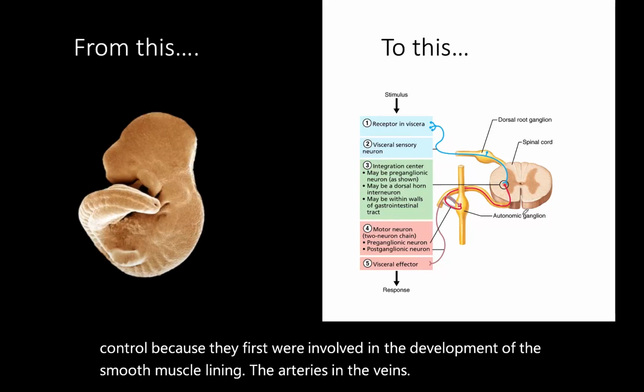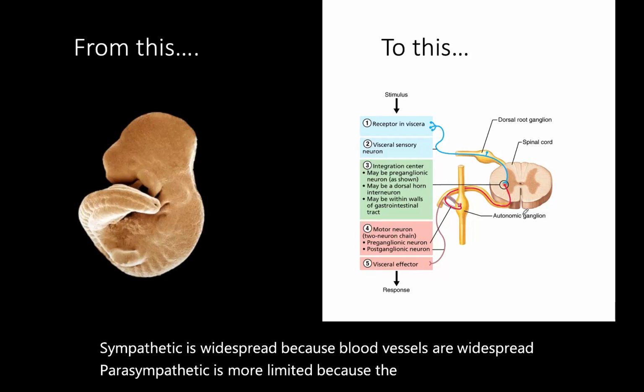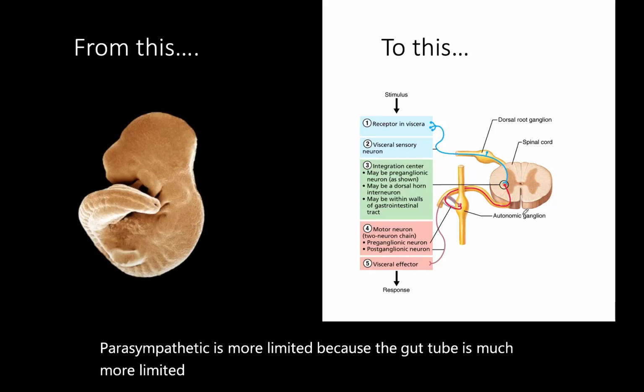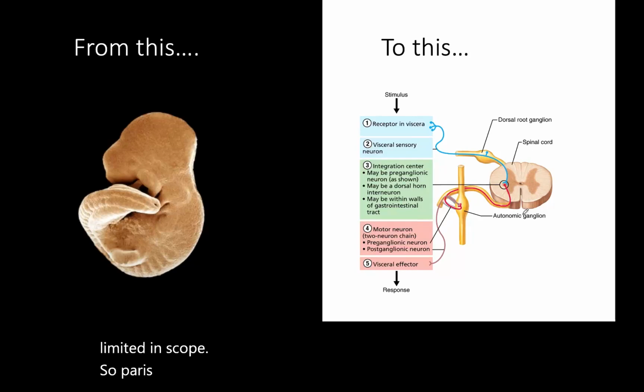Sympathetic is widespread because blood vessels are widespread. Parasympathetic is more limited because the gut tube is much more limited in scope. The urogenital ridges are much more limited in scope. So parasympathetic is limited in scope.